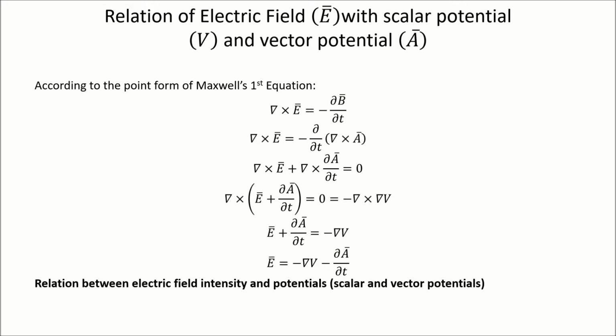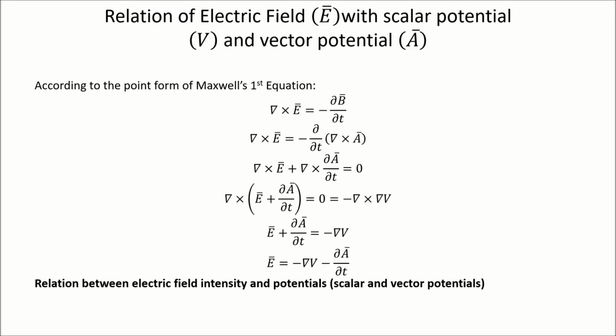So as electric field is emanating from a source, we can take a negative sign that is also consistent with the static case. Now we get curl of E plus partial A over partial t equal to 0, and also curl of negative gradient of V equal to 0.